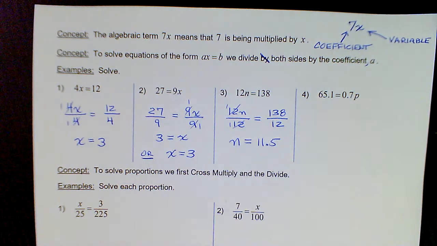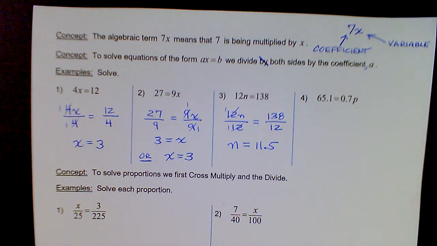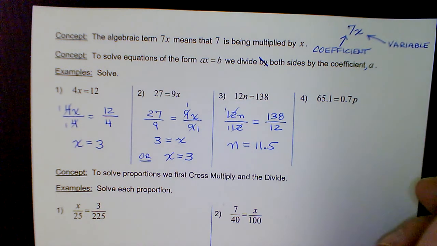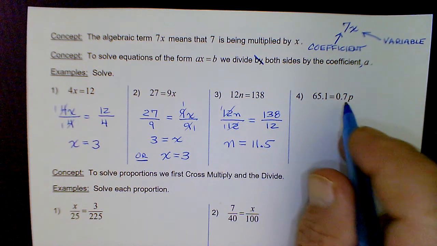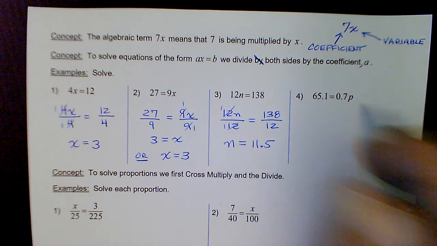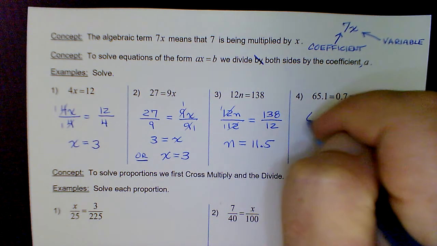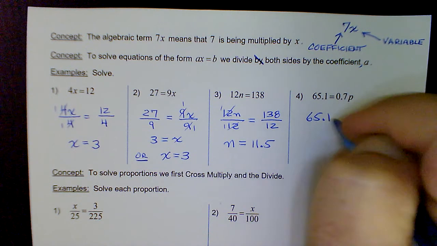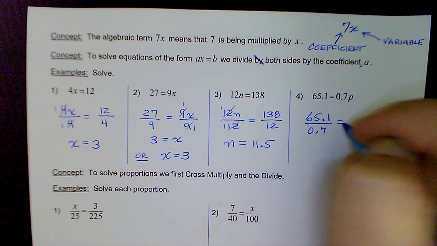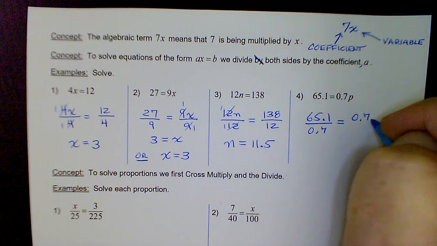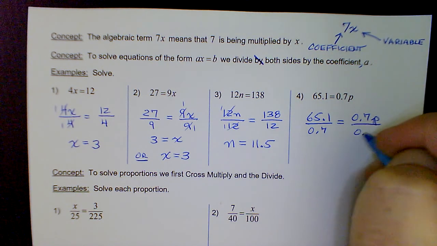Okay, and then the final example. Now, decimals involved, certainly not anything we could do mentally. So we divide by the coefficient. The variable's on the right. That's okay, just leave it there. So 65.1 gets divided by the 0.7. And obviously the 0.7p gets divided by the 0.7.